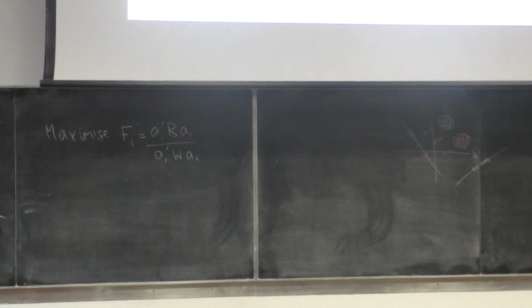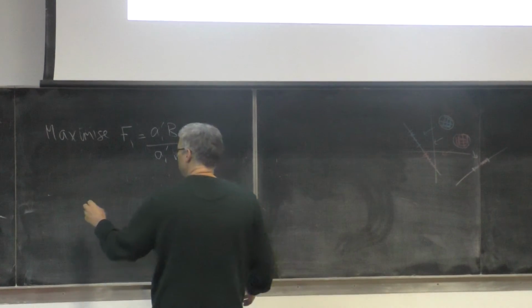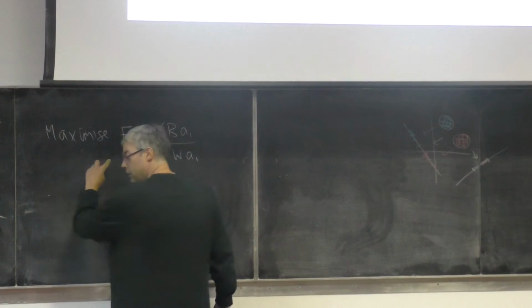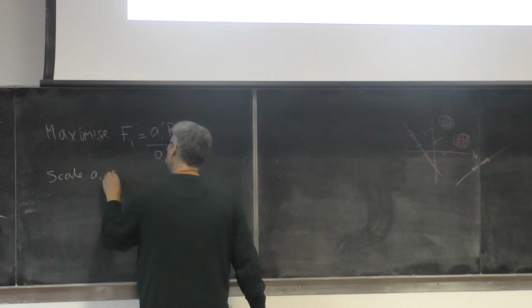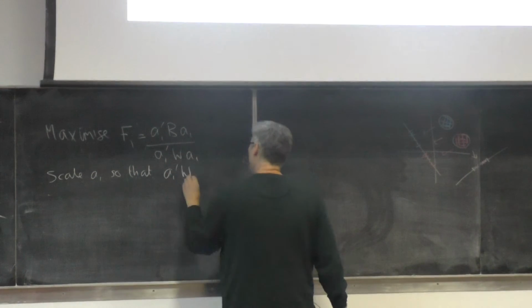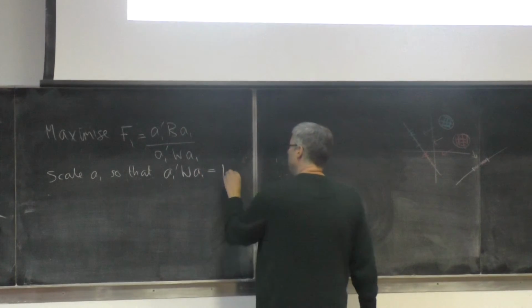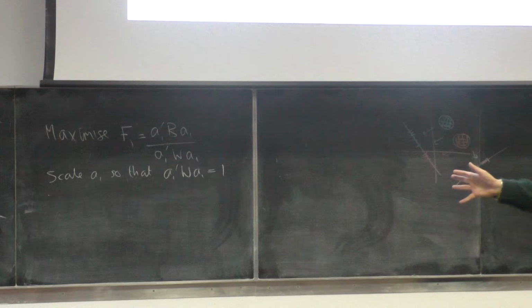Okay. So we can always actually insist on some particular scaling of a. So we're going to scale a, to leave F unchanged, exactly the same value, so that our denominator a dash W a is 1.